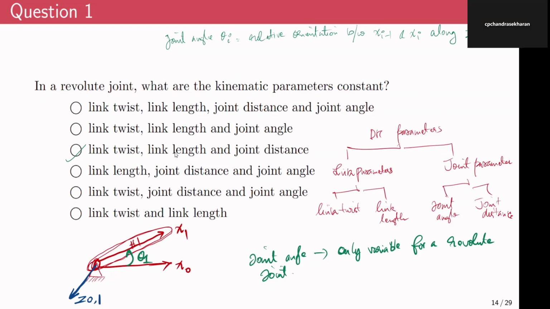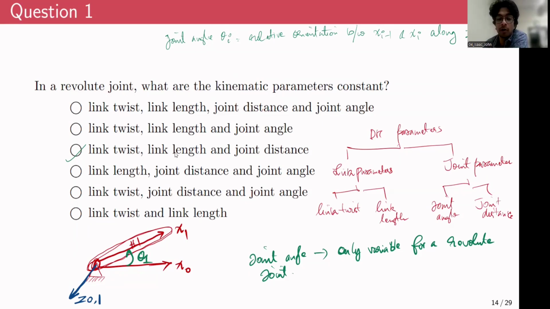In case of prismatic, what do you think is going to be the case? Only the joint distance will be there. Remaining are constant. Yes.